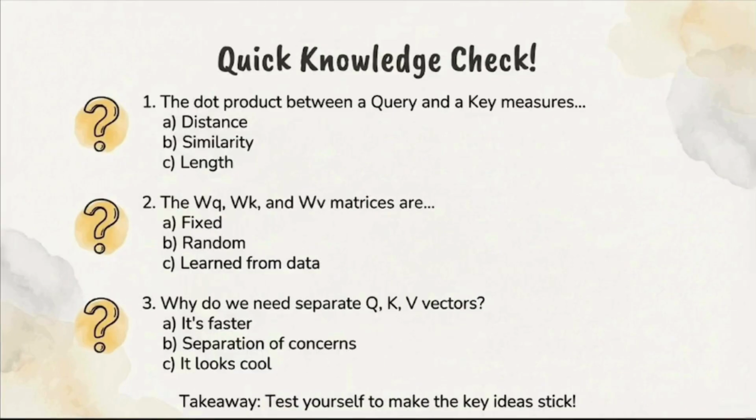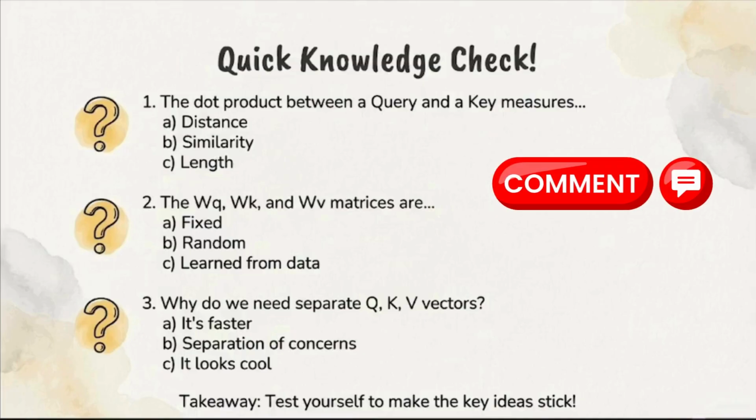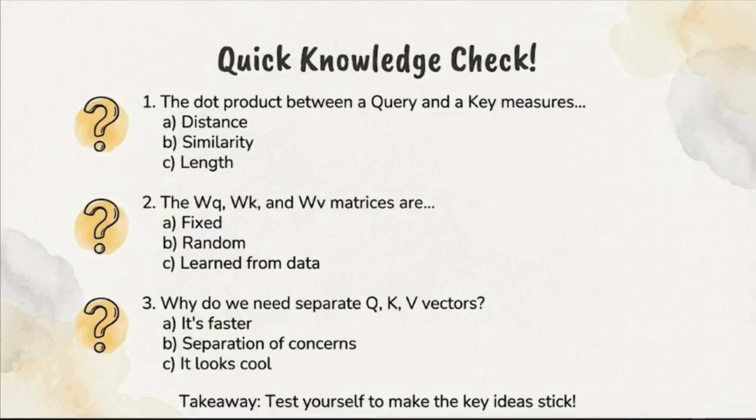Quick check. First, the dot product between query and key tells what? Second, WQ, WK, WV are what? Third, why do we split into Q, K, V?